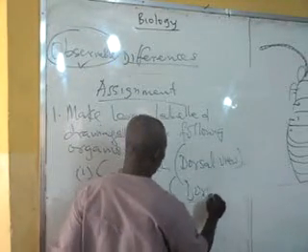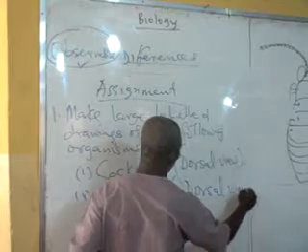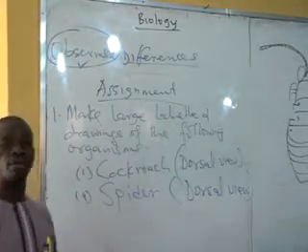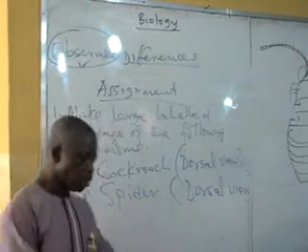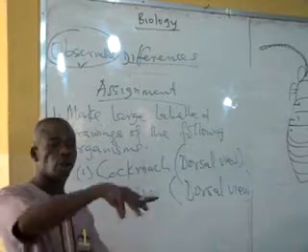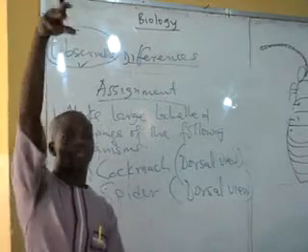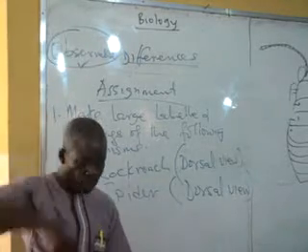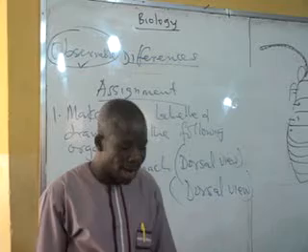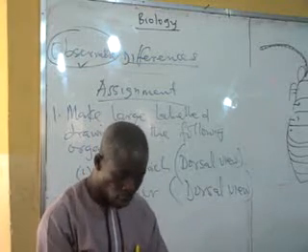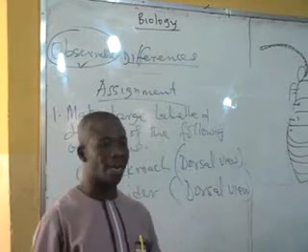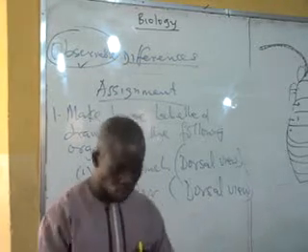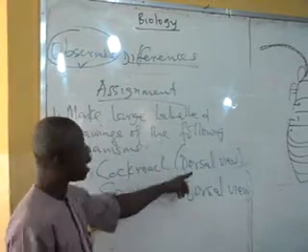Also, the dorsal view. The dorsal view means that you draw the view or the portion of the body that is directed to the sky. So as if you are standing and looking at the organism on the floor, lying dorsoventrally, what you are seeing as you are looking at it is the dorsal view.